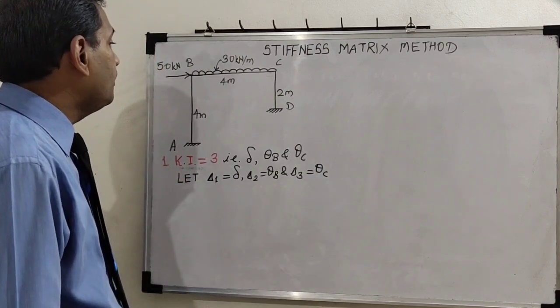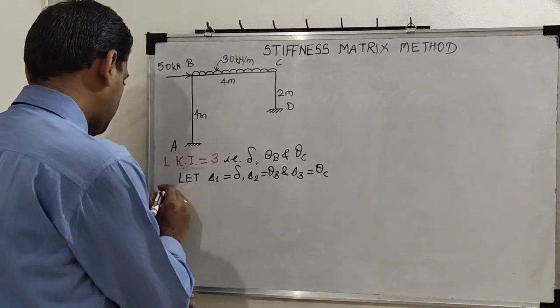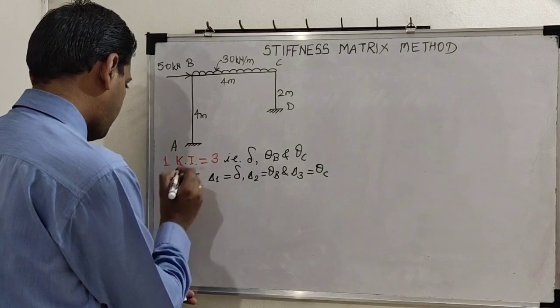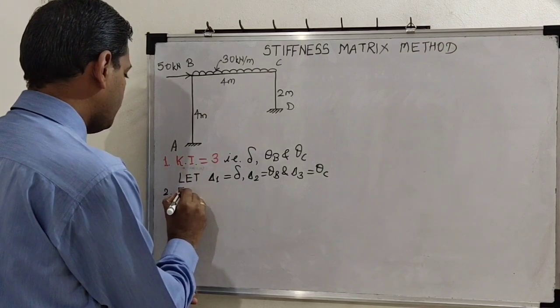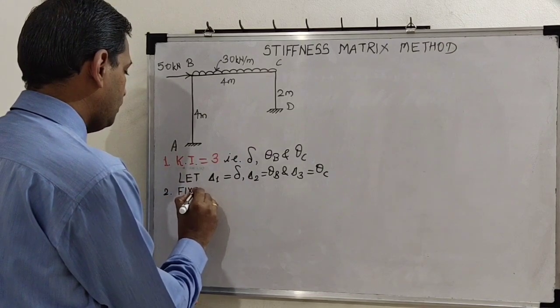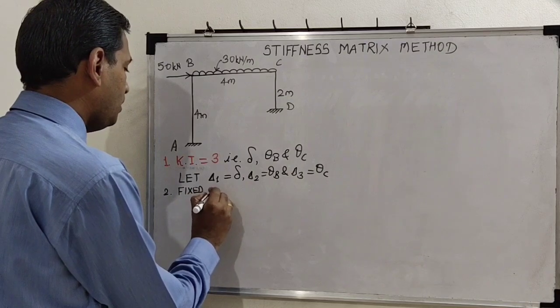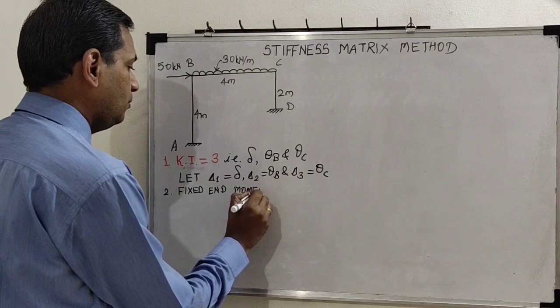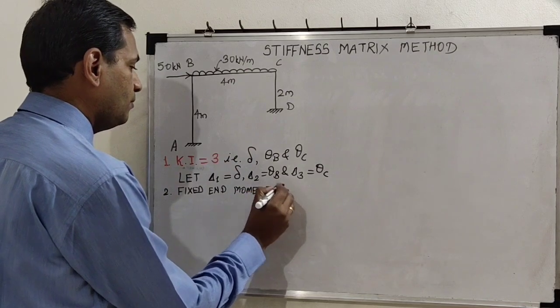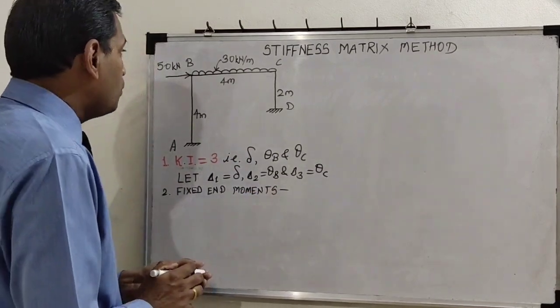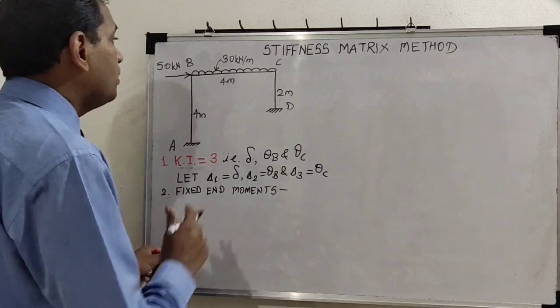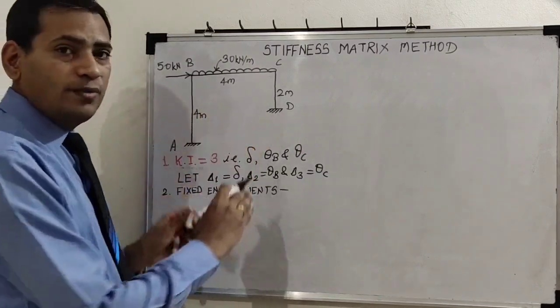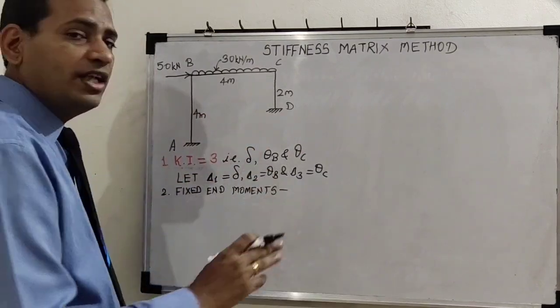So now second step is fixed end moments. If you see the 2 columns, they do not carry any external load.